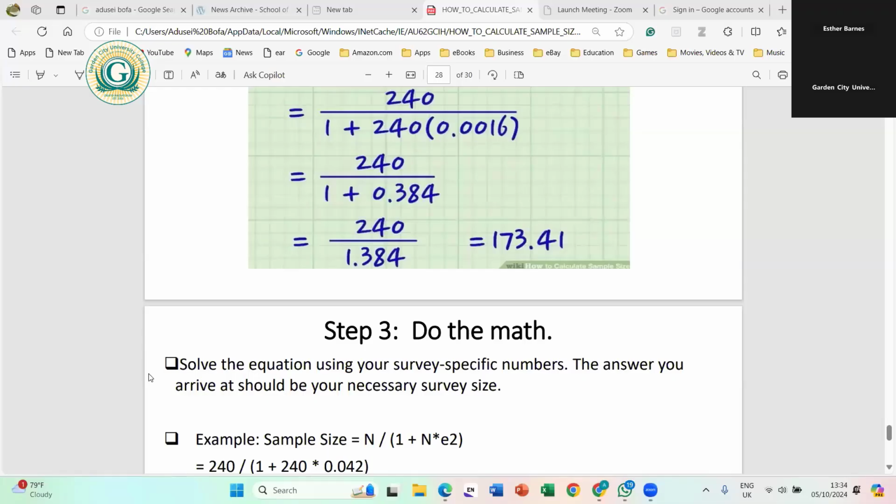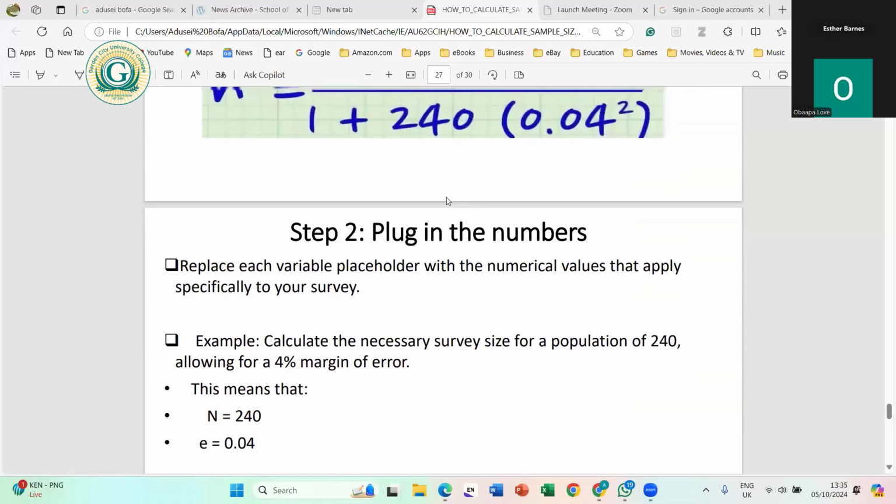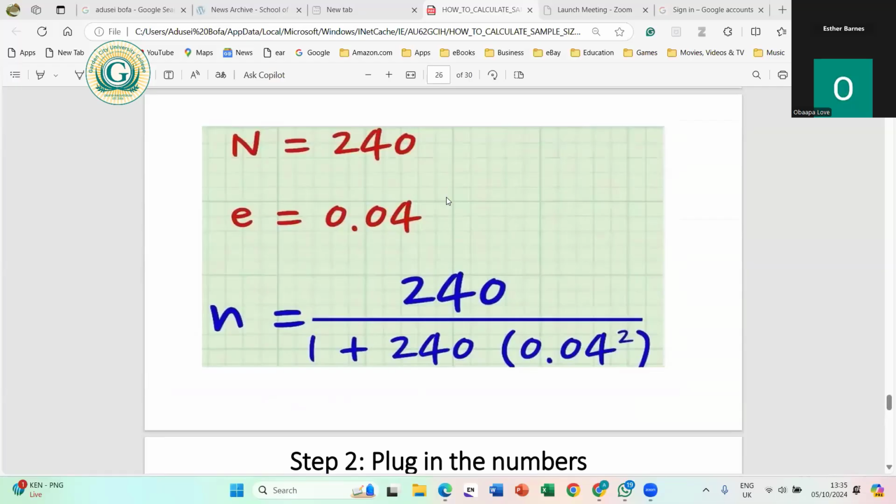Okay, Esther, now talk. I was having a problem with the last question. I was having difficulties with my network, so I couldn't join that one. Please help me. The last question you gave, the population size, the 240, the error.